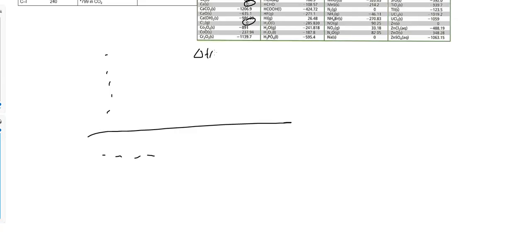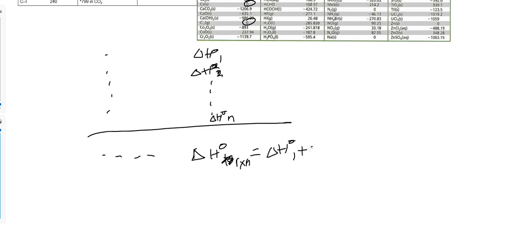Then delta H naught 1, delta H naught 2, and so on to delta H naught n turns into delta H naught of the total reaction, which is equal to delta H naught 1 plus delta H naught 2, and so forth until you get plus delta H naught n.